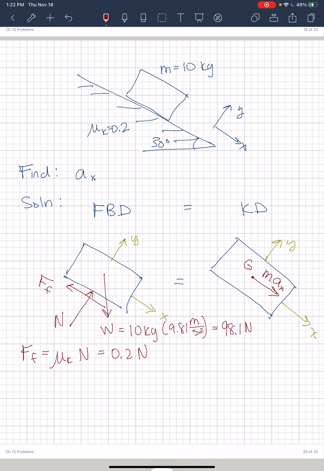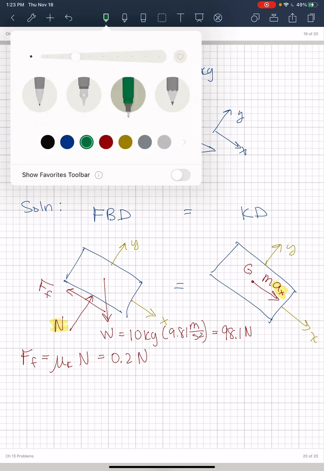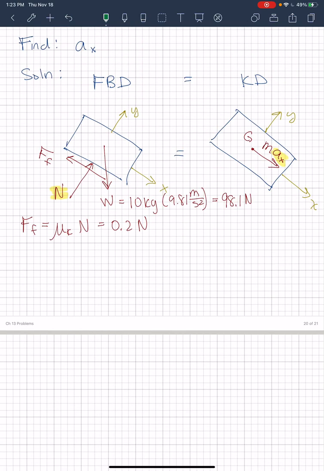So we have too many unknowns probably here, right? We have force of friction in terms of N, and we have the N as an unknown. We know the weight. We know the mass. We don't know the acceleration. So we have two unknowns. So we could start by summing the forces in the x direction.